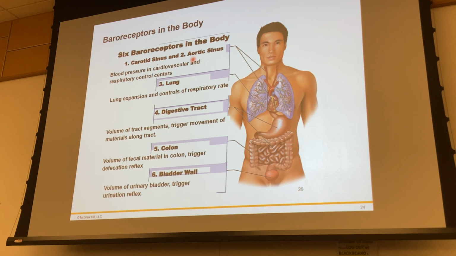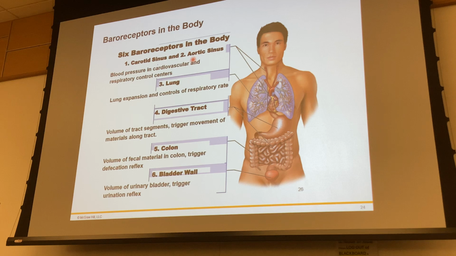It's going to send signals via the cranial nerves to the medulla oblongata, and the respiratory center is going to increase, the cardiovascular center is going to increase, and that pumping rate is going to increase. So not only do we have chemoreceptors right there, we also have these pressure receptors called baroreceptors.